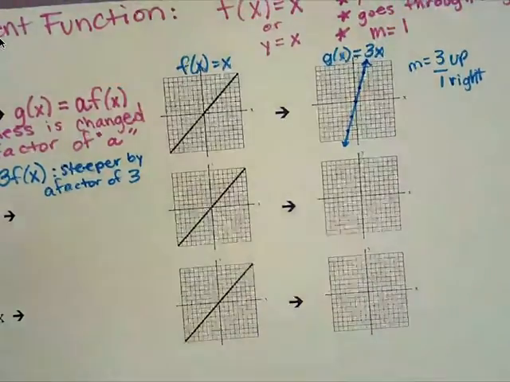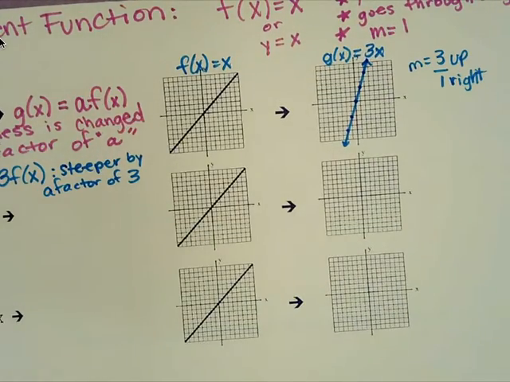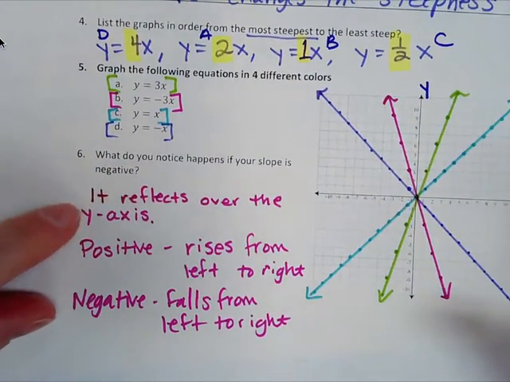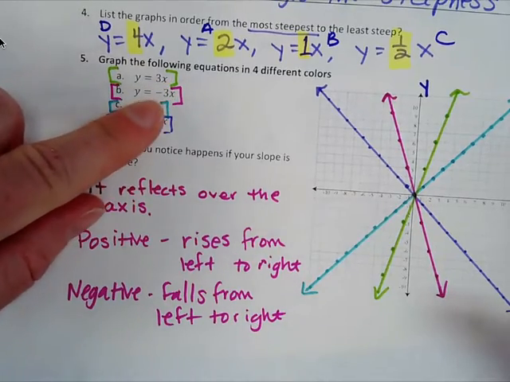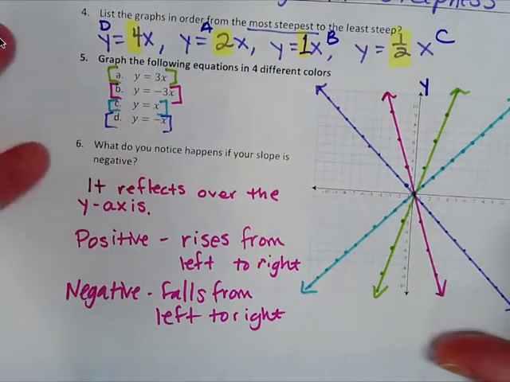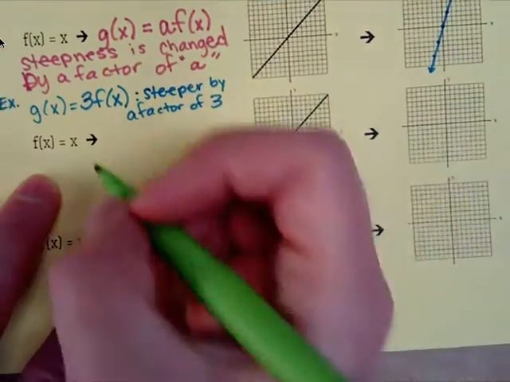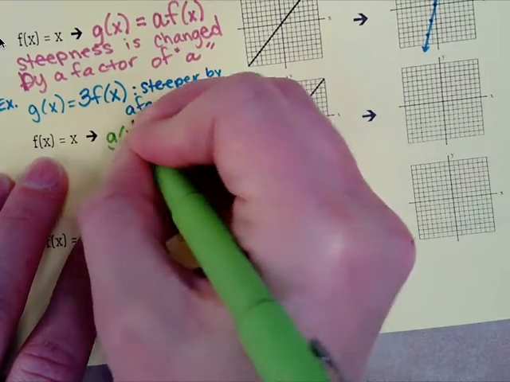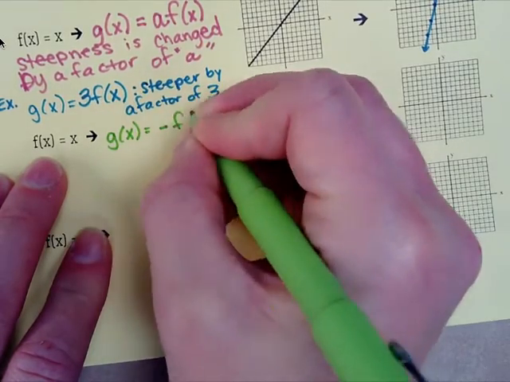Okay, the next transformation that we did, let's look back at the notes. The transformation here was reflecting it by changing the sign. So we're going to summarize that here. So we're going to say f of x equals x, g of x equals negative f of x.